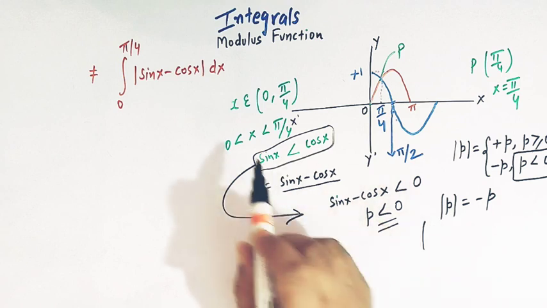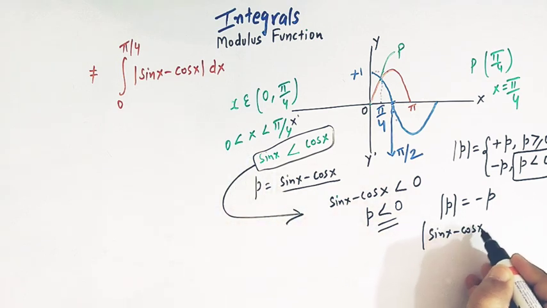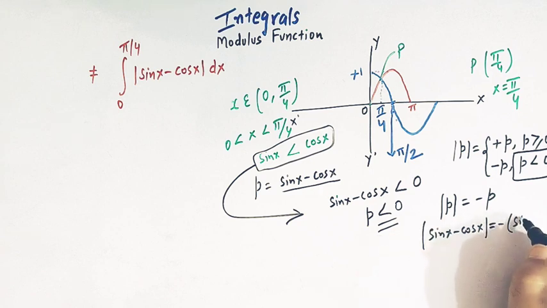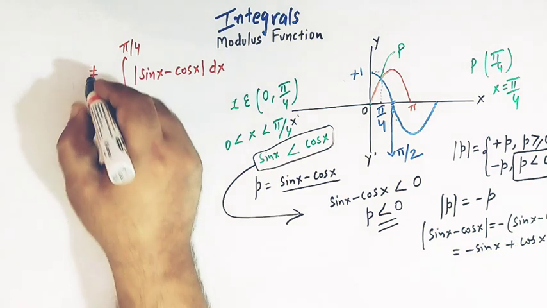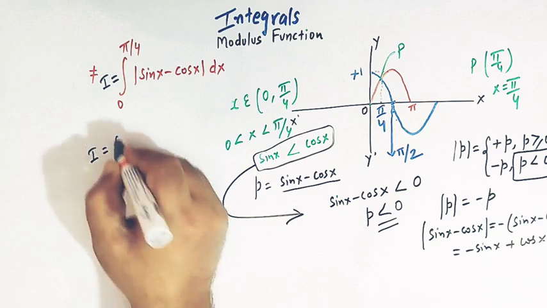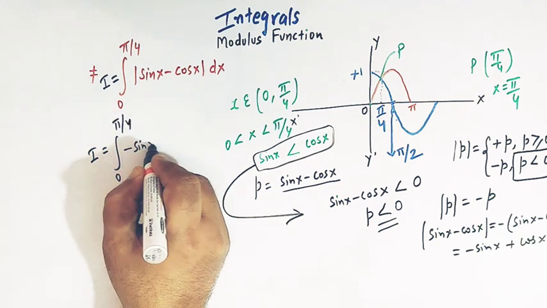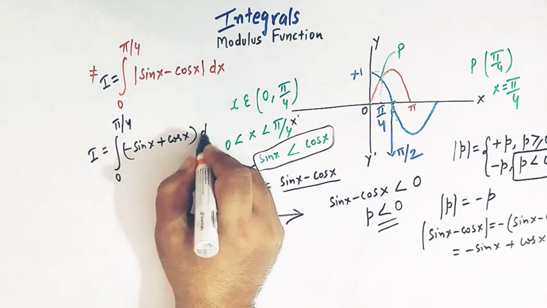So mod of sine x minus cos x is negative of sine x minus cos x, which is minus sine x plus cos x. So now this integral can be written as integral from 0 to pi by 4 of minus sine x plus cos x dx.